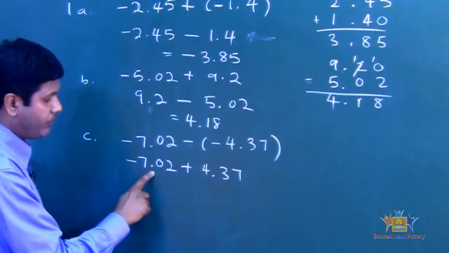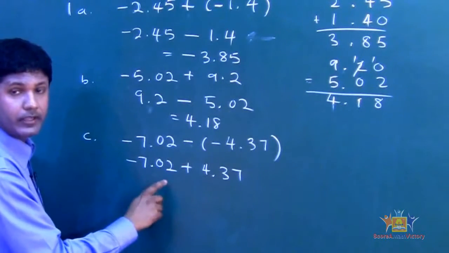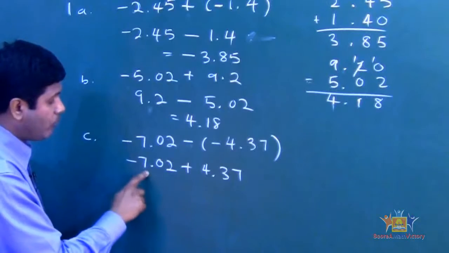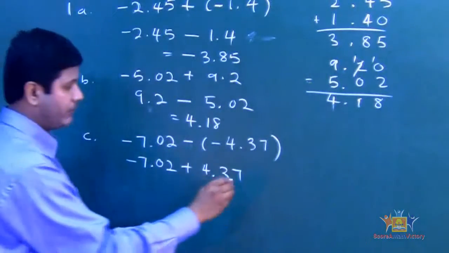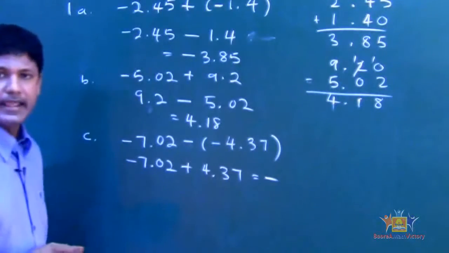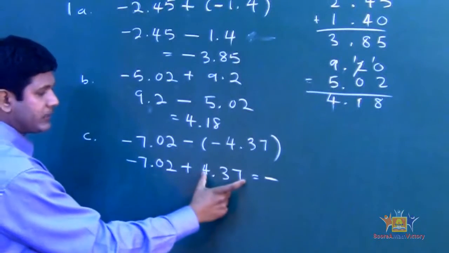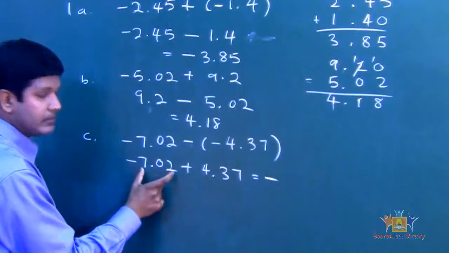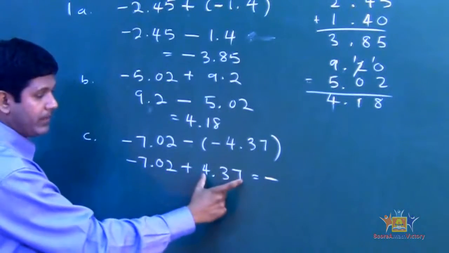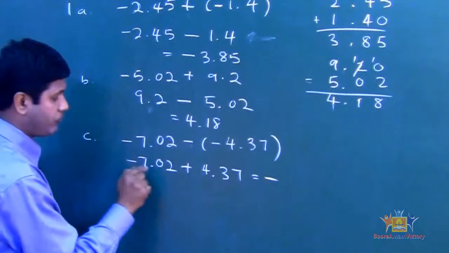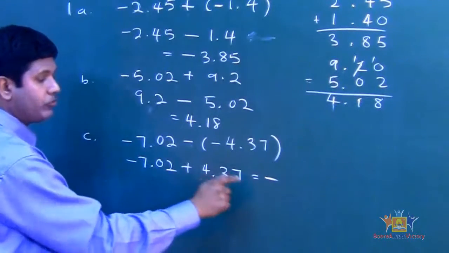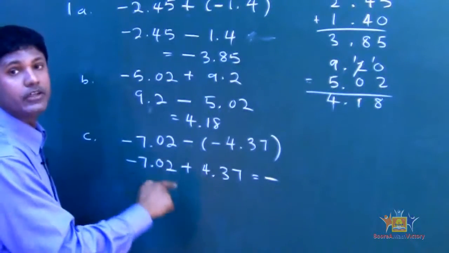Now, 7.02 is a negative number, and you have more negative than positive. That means your answer is going to be what? Negative. Okay, you know your final answer is going to be negative. So what are we going to do? We're going to take this positive 4.37 and pay it towards this negative. That means I'm subtracting 4.37 out of the 7.02.